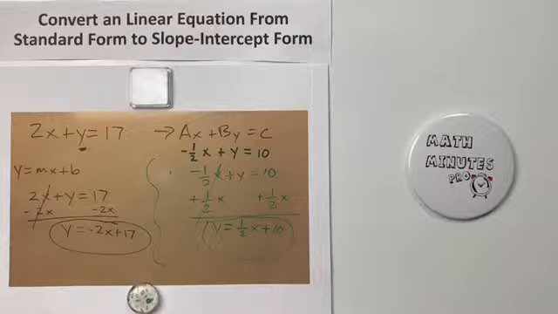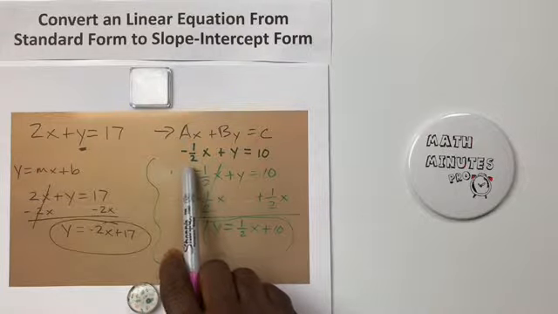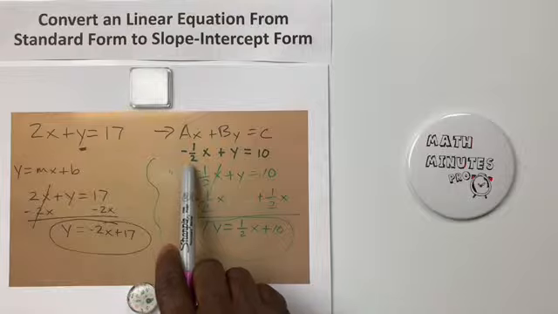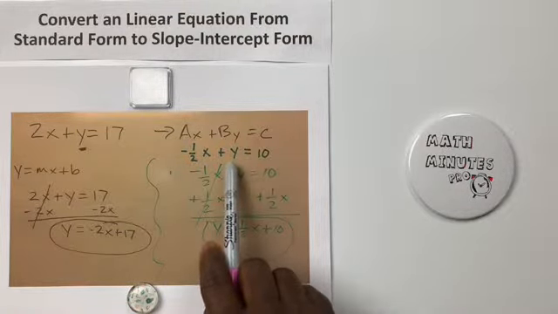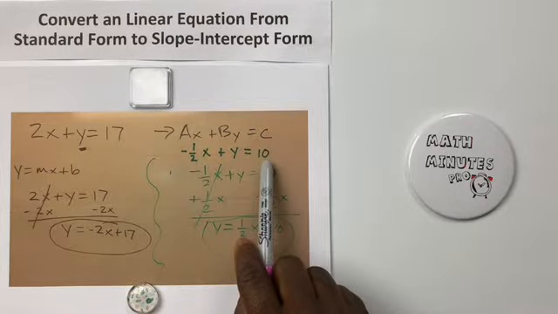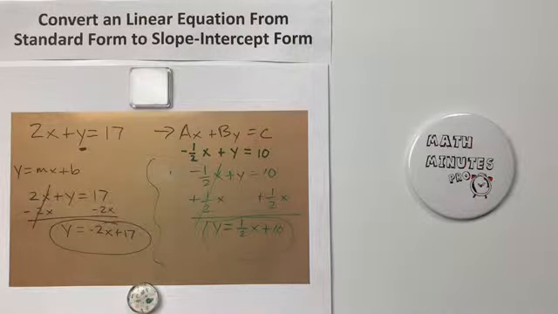So that's the original equation. Let's check to see if it's in standard form. Well, we have negative 1/2 times x plus y equals 10. A is negative 1/2, that's the coefficient of x. The coefficient of y is 1, even though you don't see it, and c is 10. So yes, this equation is in standard form.